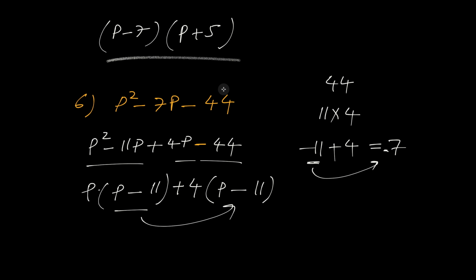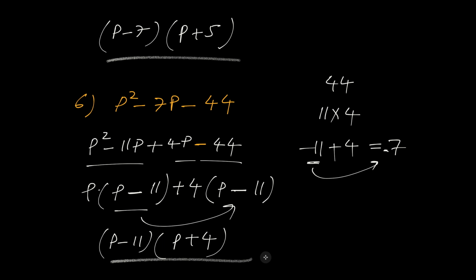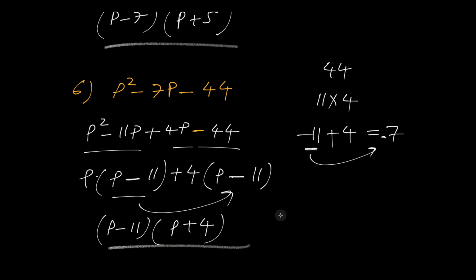That's the reason I was able to detect. Then I replaced it with minus so that I can get the same value which is there in the first bracket. Now we have to take p minus 11 one time and this p plus 4 in the next bracket. Now this is going to be your answer. Now quickly jump on to the next question, which is question number 7.